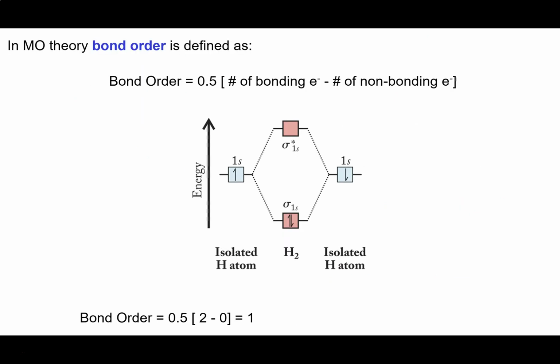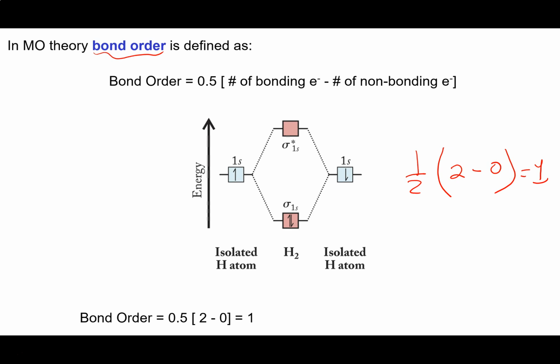In molecular orbital theory, we can calculate this concept called a bond order, and bond order is really easy to calculate. The bond order is just 1/2 multiplied by the difference of the bonding electrons to anti-bonding electrons. So in the case of the H2 molecule, 1/2, we have 2 bonding electrons, we have no anti-bonding electrons, so that gives a bond order of 1.